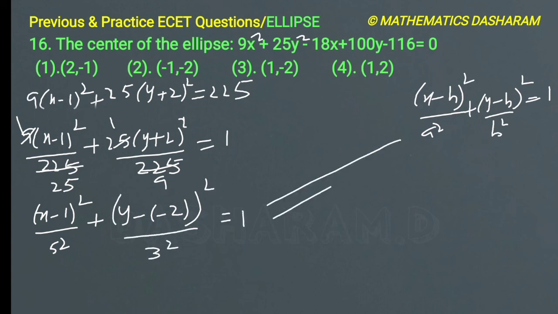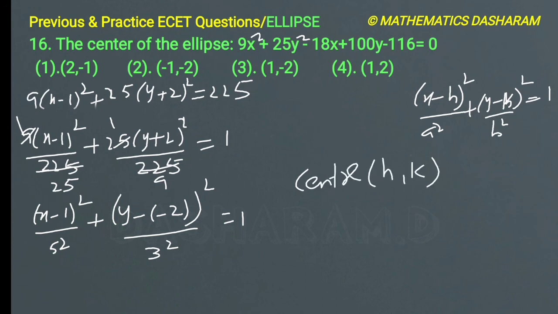Now it is exactly in this form, x minus h whole square by a square plus y minus k whole square by b square equals 1. So then what is the center here? h comma k is the center. So what is the h value? 1 is the h value. The k value, how much? Minus 2. So 1 comma minus 2 is the center of the given equation. So option 3 is correct.